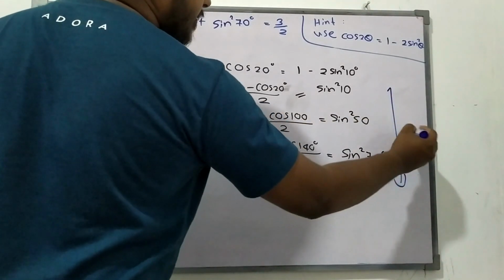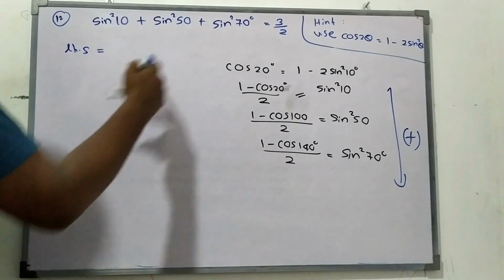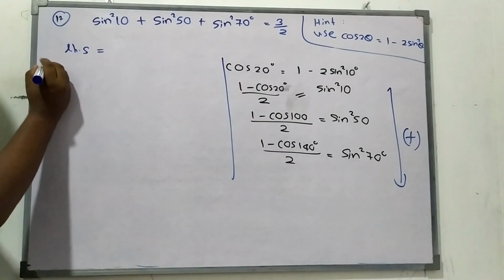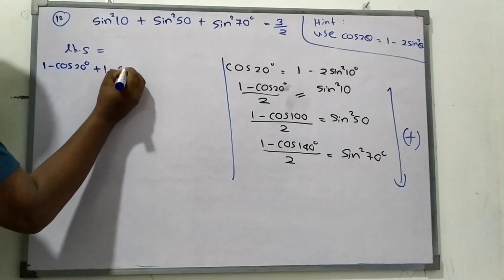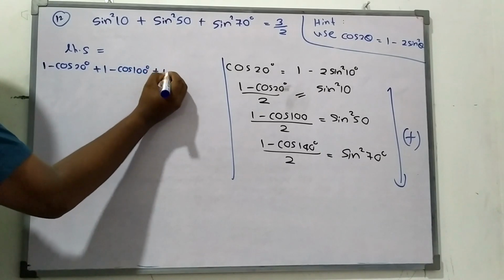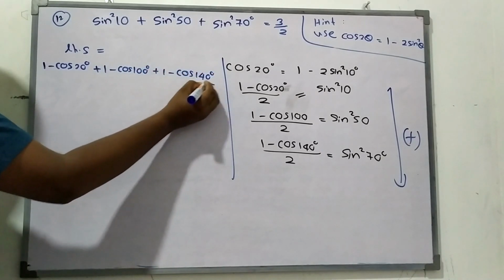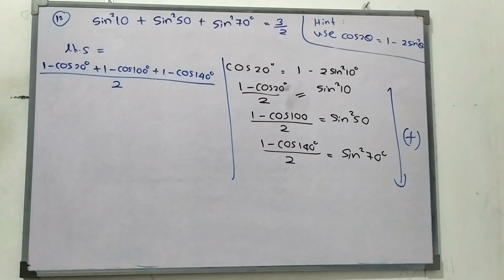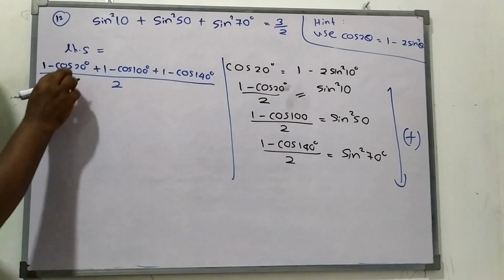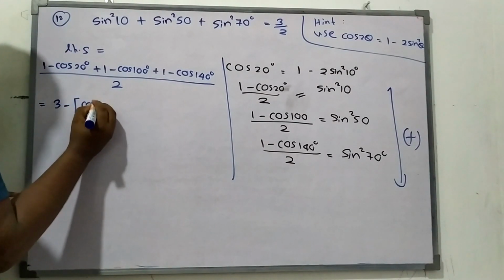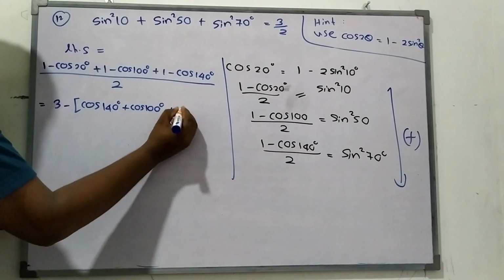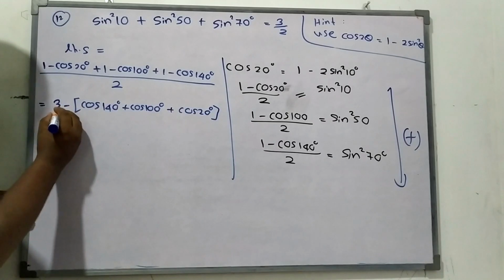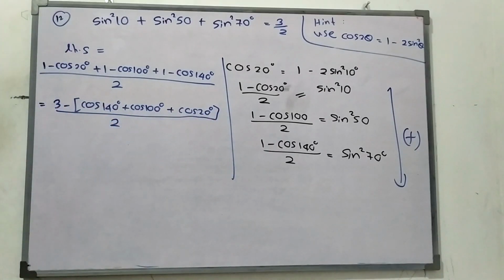If you add these three, you will get the left hand side: (1 minus cos 20, 1 minus cos 100, 1 minus cos 140), whole thing divided by 2. So basically it's (3 minus cos 140, cos 100, cos 20) divided by 2.